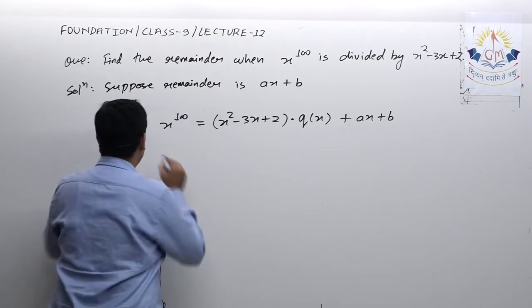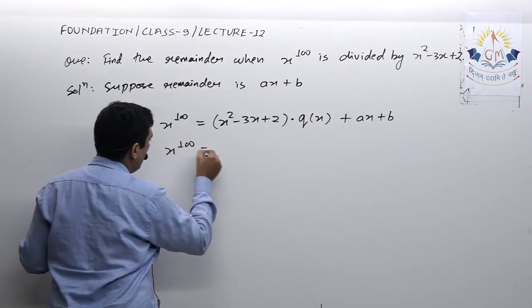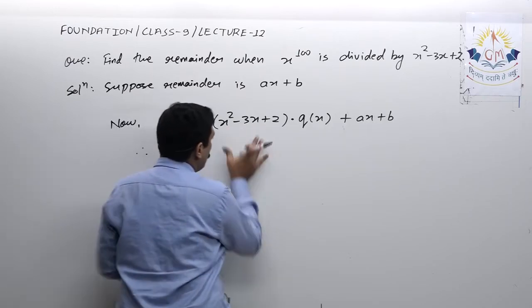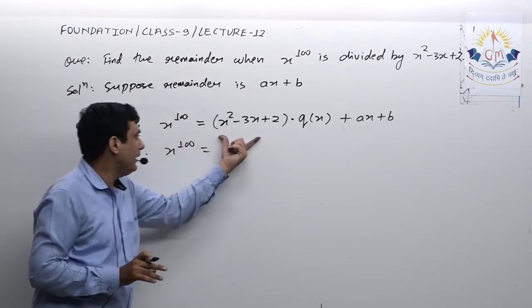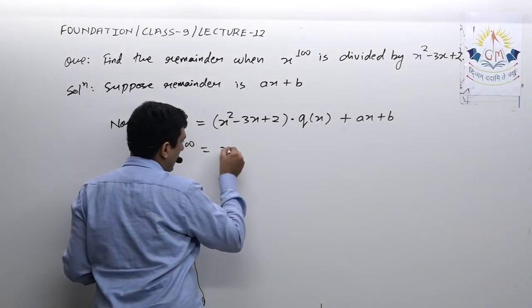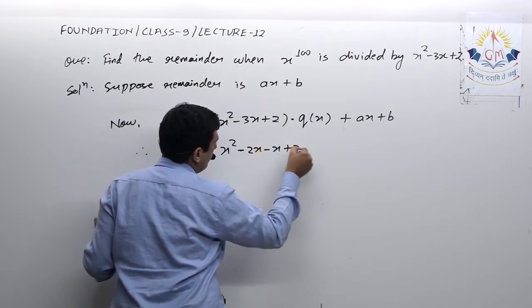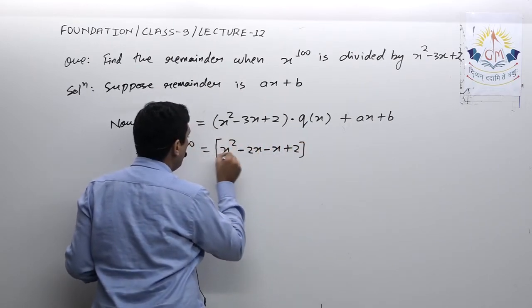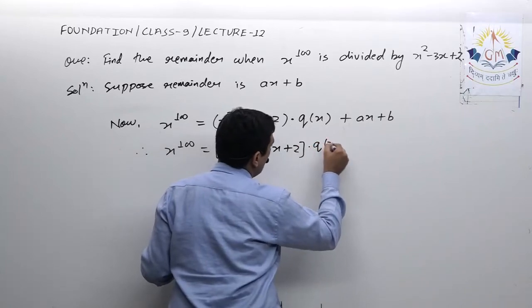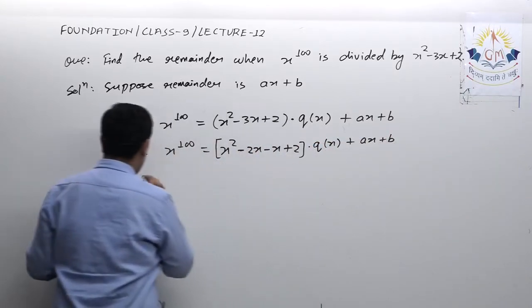Now I will try to find the factors of this x square minus 3x plus 2. So x square minus 2x minus x plus 2 by splitting the middle term, into qx plus ax plus b.